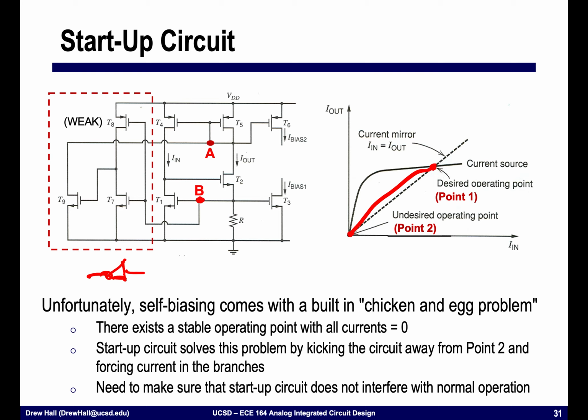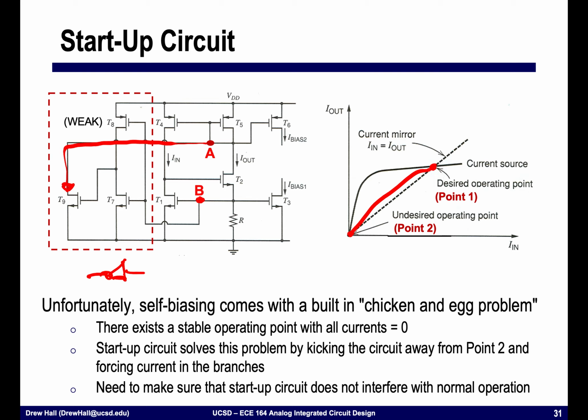And so when B is too low, it turns on T9, and T9 starts to pull current out of this node. And when this node starts to get yanked down, node B is now going to come up. When node B comes up, it's going to turn off this inverter.